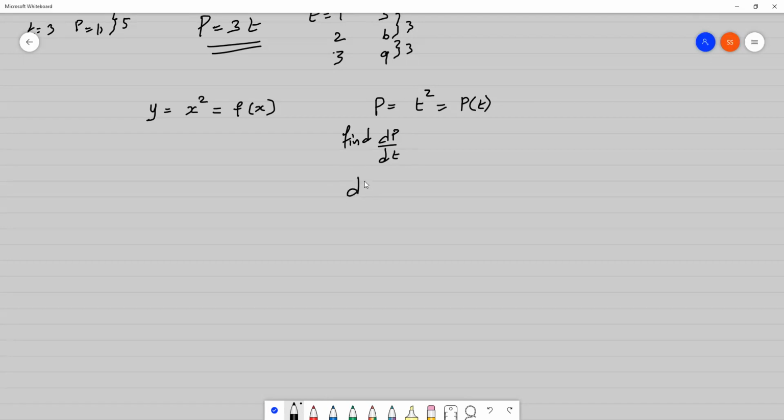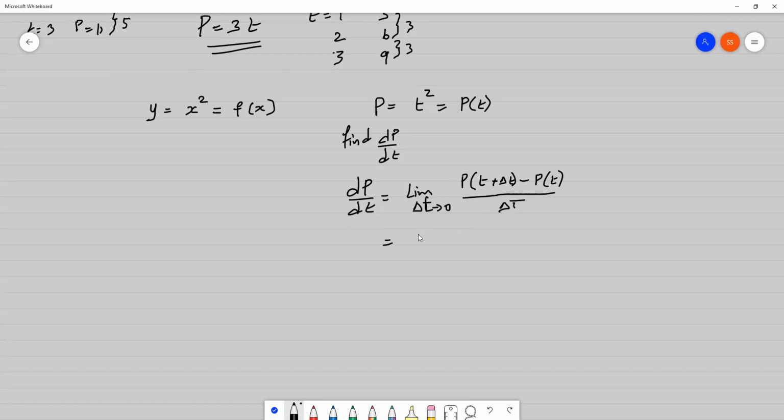Whatever we have done so far, dp by dt is the slope of the tangent of this curve. dp by dt is equal to limit del t tends to 0, p of t plus del t minus p of t, divided by del t. This is something which I have written already and explained already.